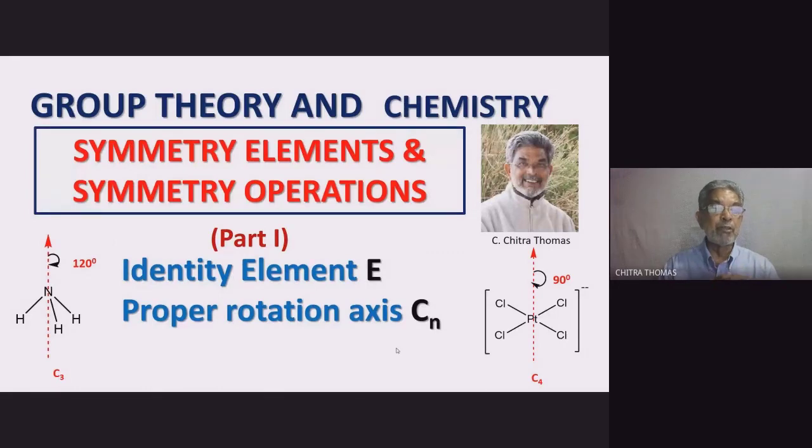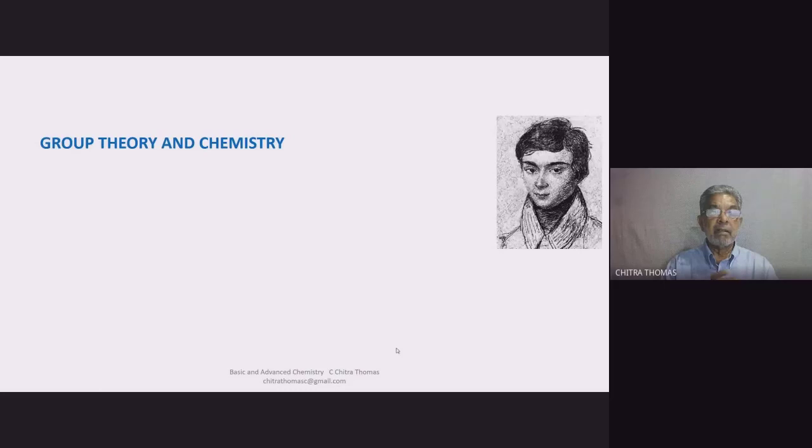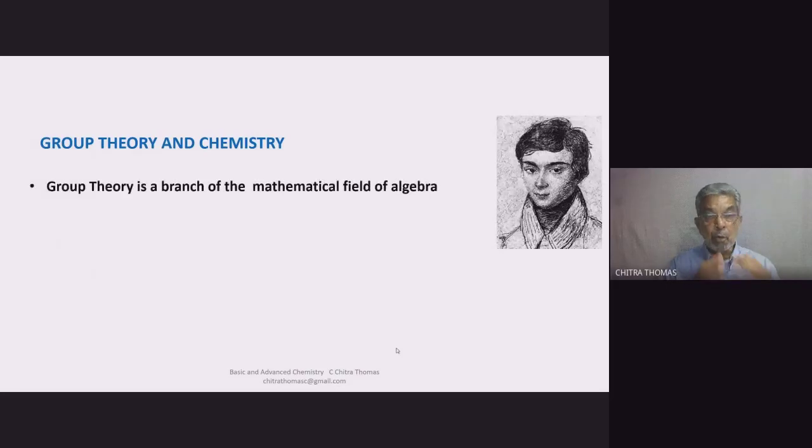And this is my first presentation, the symmetry element and the symmetry operations, part one. This presentation deals with identity element E and the proper rotation axis, Cn. See, group theory is a branch of the mathematical field of algebra.